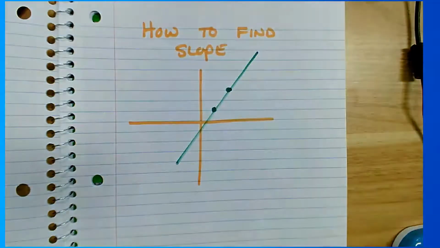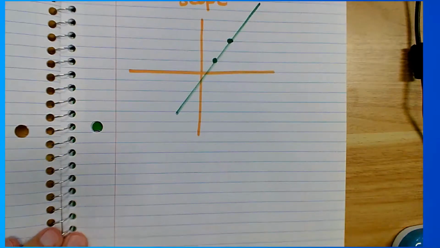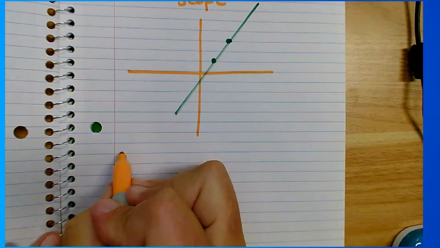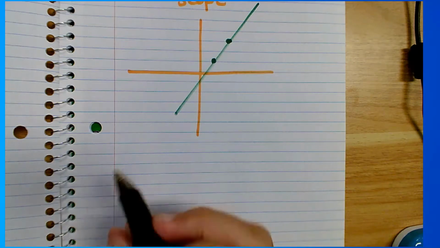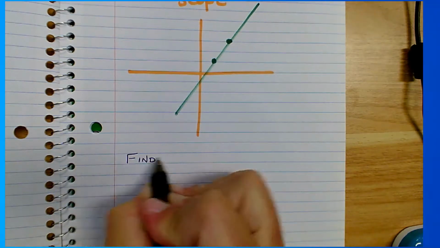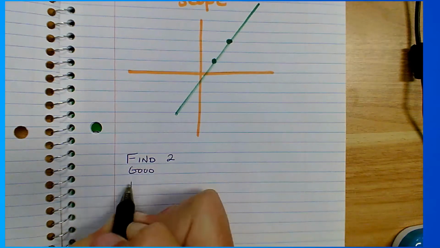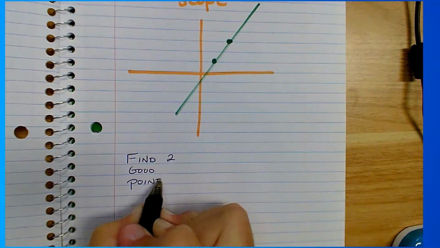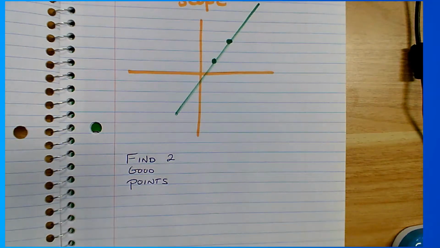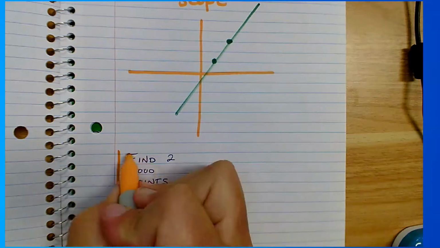We want to find the slope of this line. So we're going to make a flow map with the instructions. Find 2 good points. That's our first step, to find 2 good points on the graph.